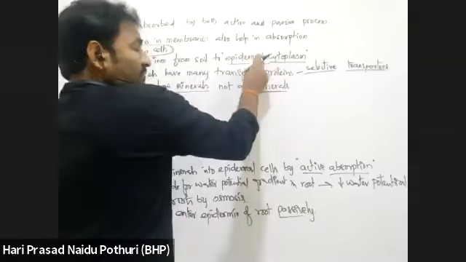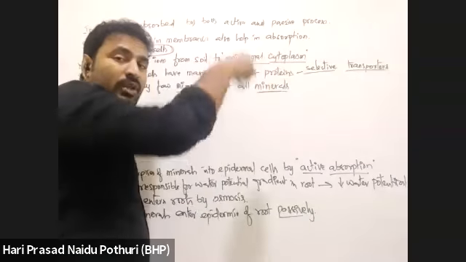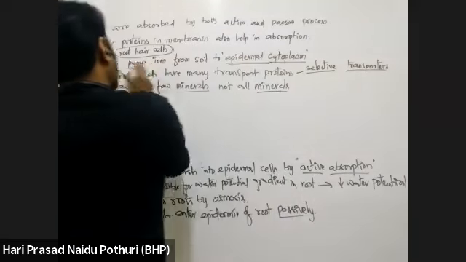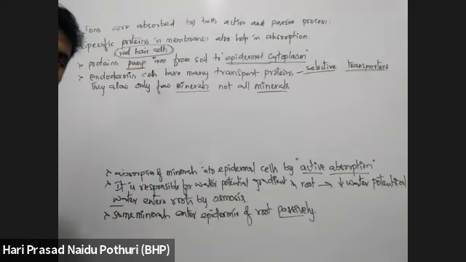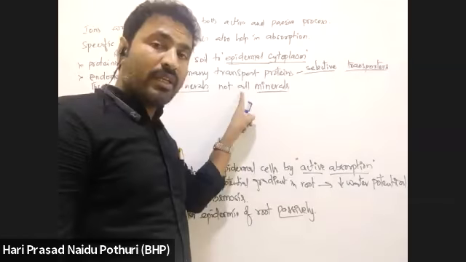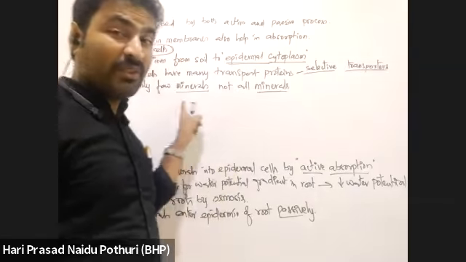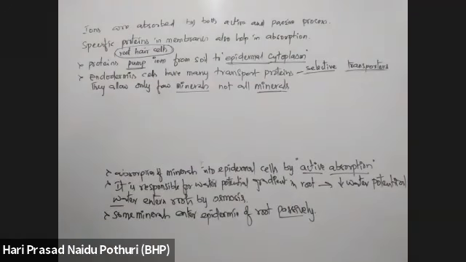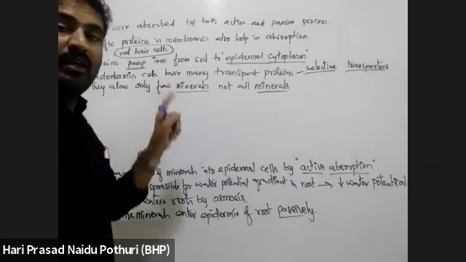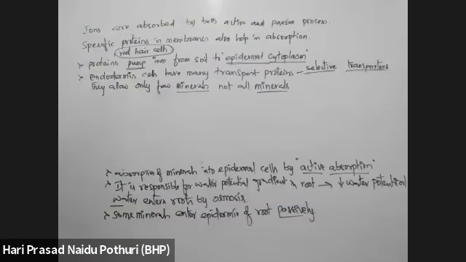From the soil into the epidermis, there is entry with the help of a protein pump, which can let all types of minerals from the soil into the epidermis. But coming to the endodermis, the membrane proteins do not allow all minerals to pass.